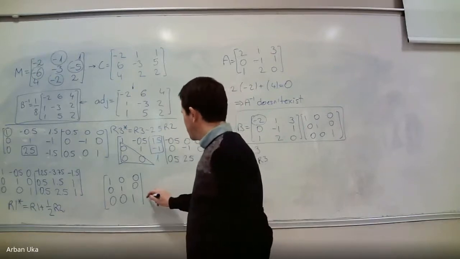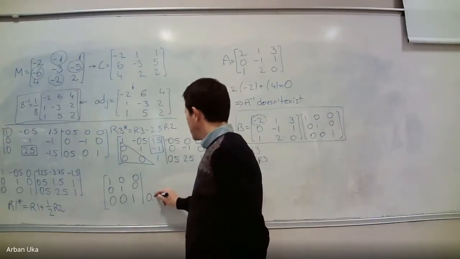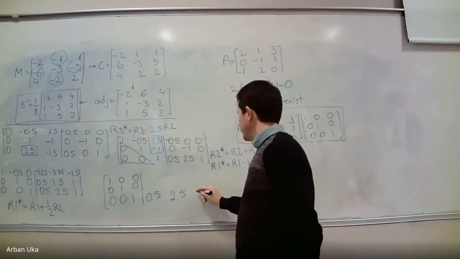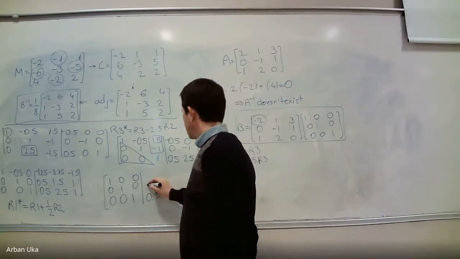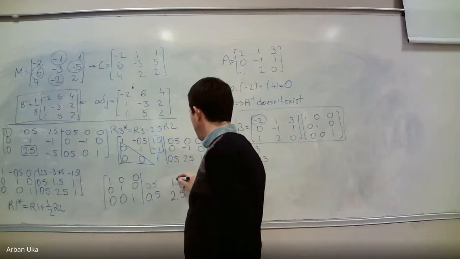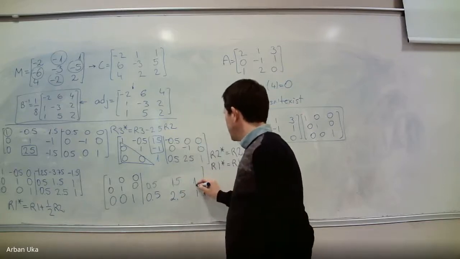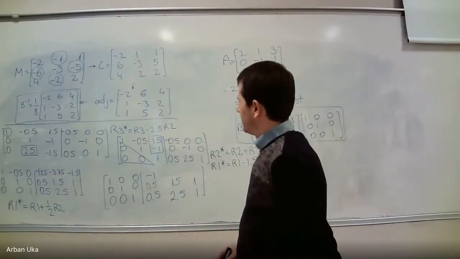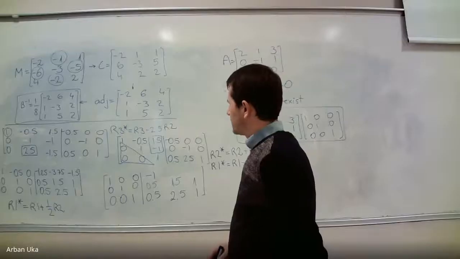So let's keep this, it is not changing, 0.5, 2.5, and 1, and then we have 0.5, 1.5, and 1, and then okay, this comes minus 1. This is minus 1. Yes, the first. And then minus 3, I guess.